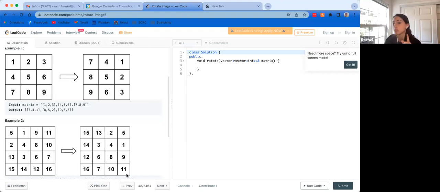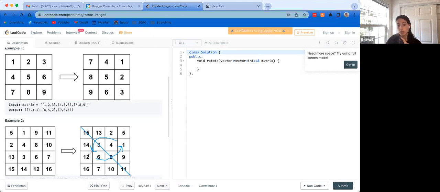So this is interesting because there's multiple ways to solve this problem, and Tariku, you're hitting on one of them. You can transpose it, which means that you take it across the diagonal, and then you flip. This side goes here and this side goes here, and these on the diagonal stay.